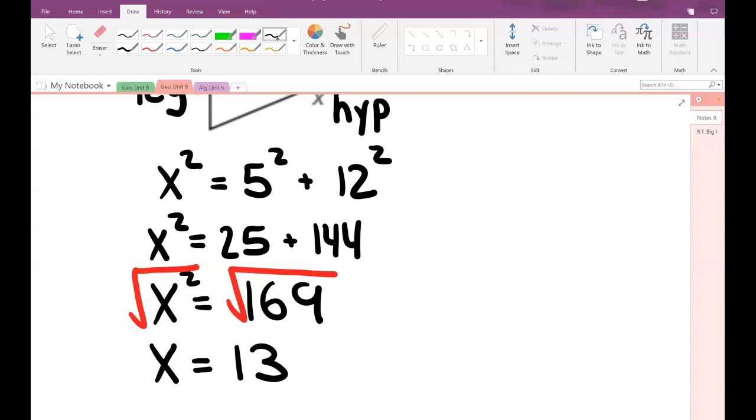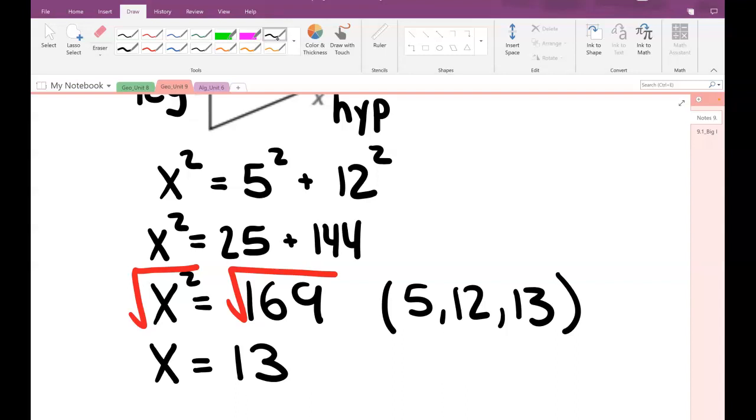When we write this as a Pythagorean triple, we just write all of our sides from shortest to longest inside parentheses. So we'll say (5, 12, 13). So it's your shortest leg, your second shortest leg, then your hypotenuse. This is what a Pythagorean triple is.